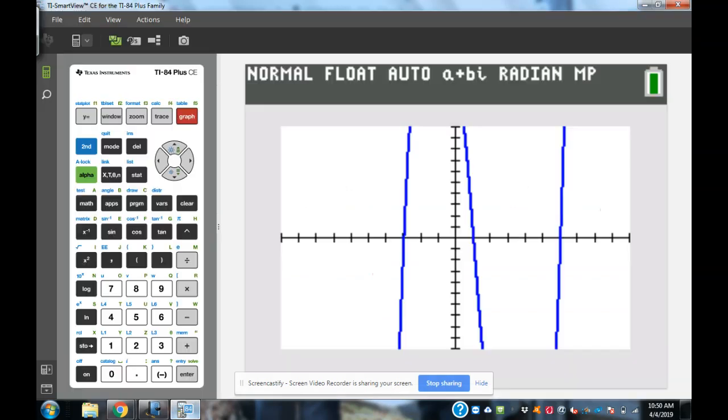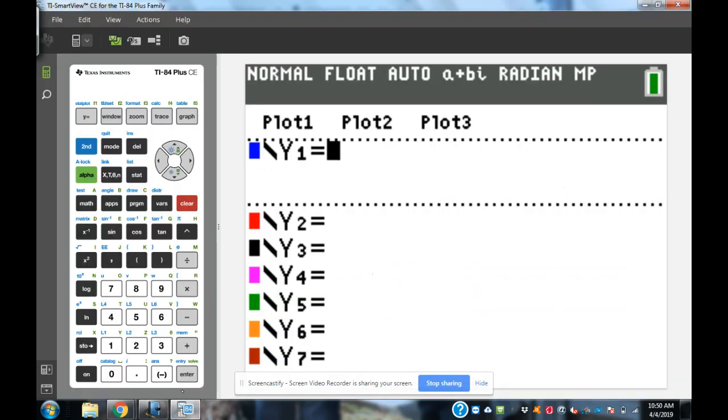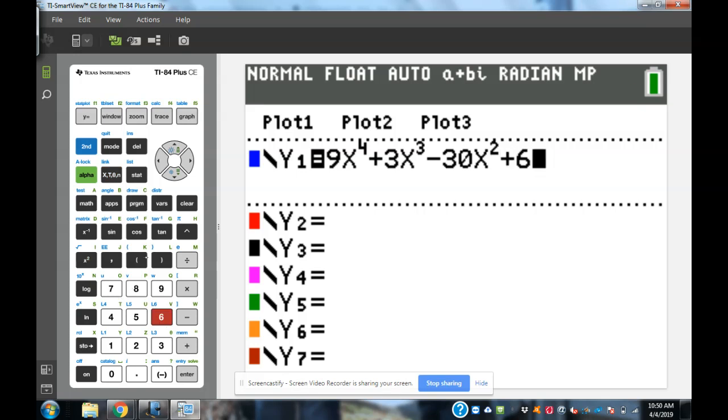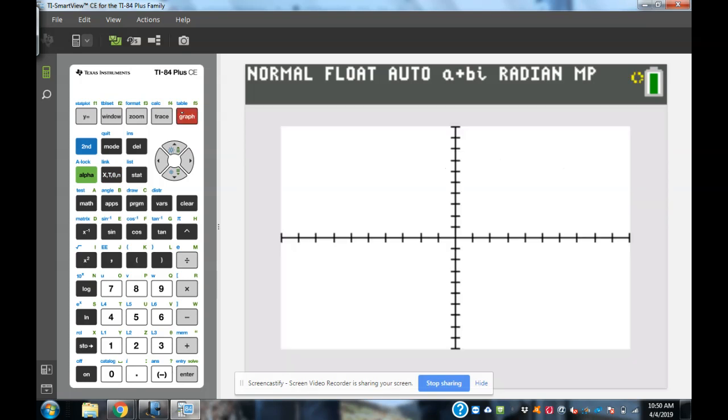So, graphing calculator, y equals 9x raised to the 4th power plus 3x to the 3rd power minus 30x squared plus 6x plus 12. So I'm graphing the original.